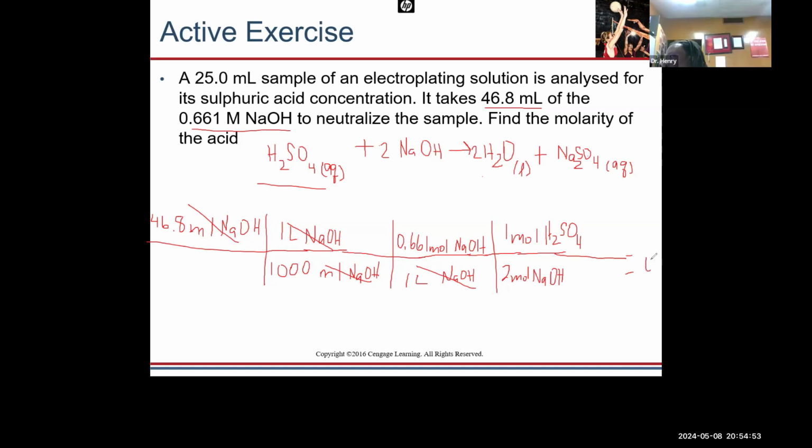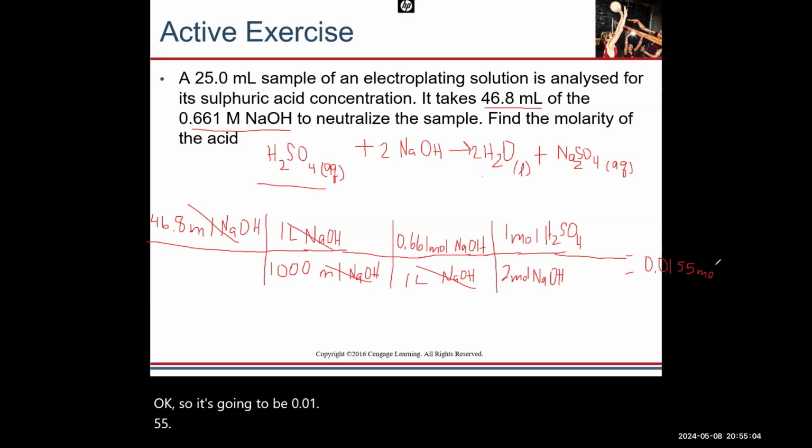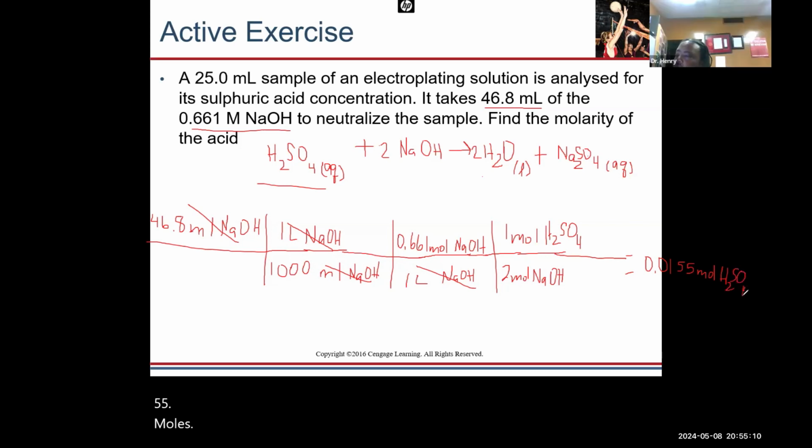Okay, so it's going to be 0.0155, and that would be moles H2SO4. Okay, and then we'll take that number.